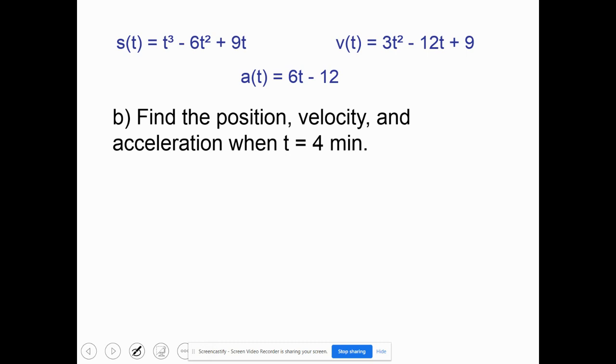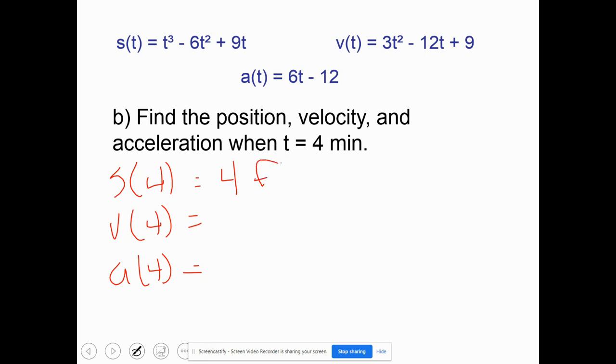Okay, part B, find the position, velocity, and acceleration when t is equal to 4. So we're just going to take each of these functions and plug in t is equal to 4. For s of 4, you actually get 4 back.